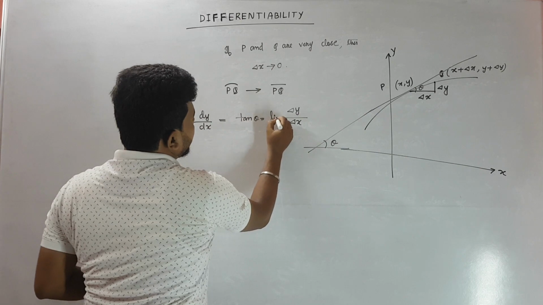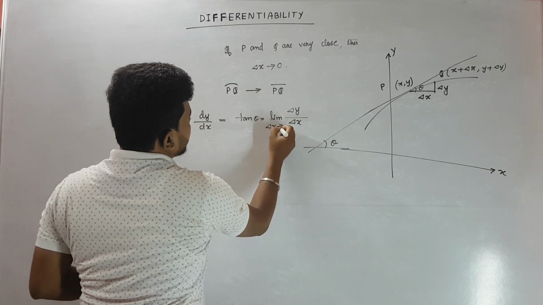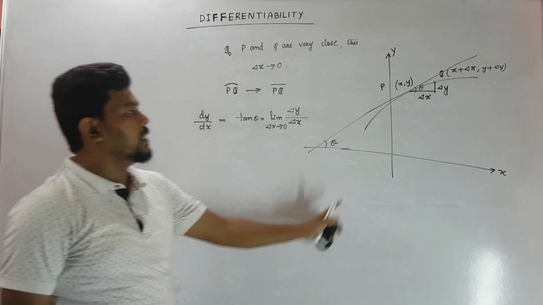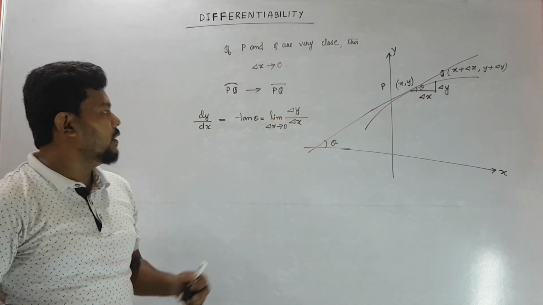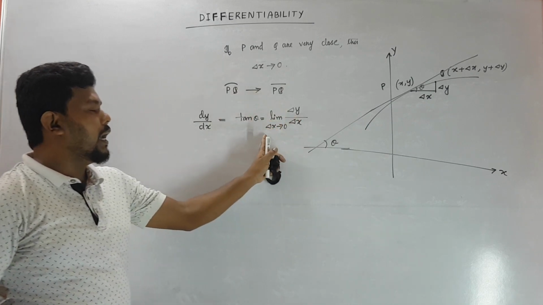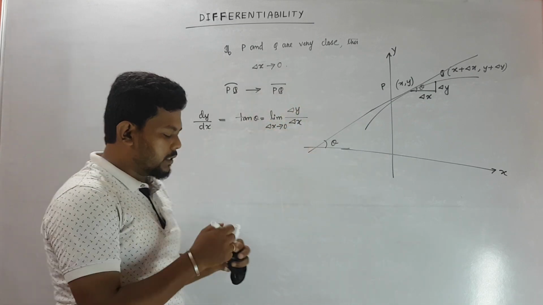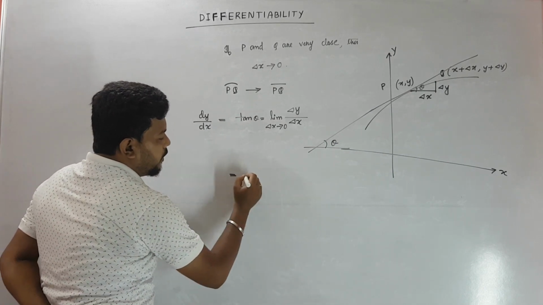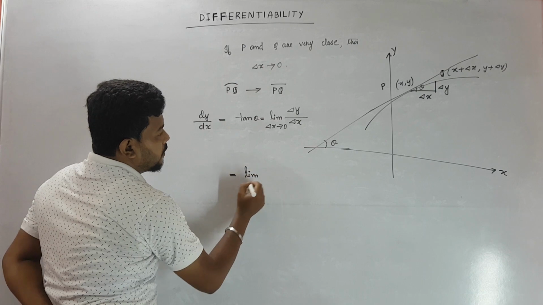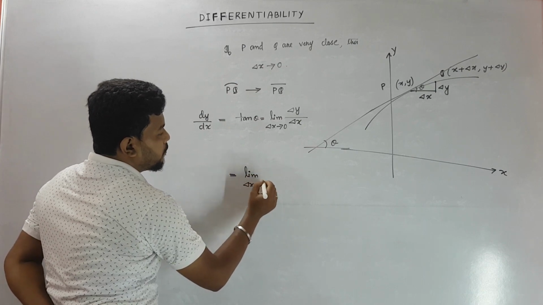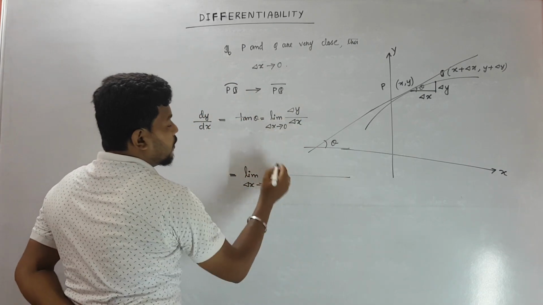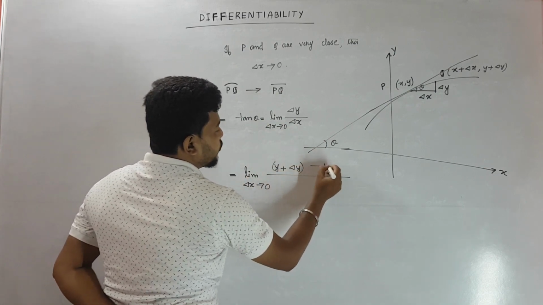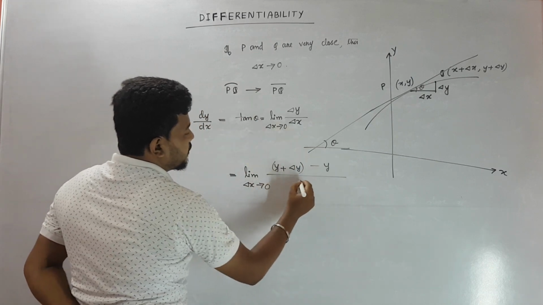limit del x tends to 0. This is your dy by dx of the tangent at (x, y) is equal to limit del x tends to 0 of del y by del x. Now, what is del y by del x? If you manipulate, this is limit del x tends to 0, y plus del y minus y, over del x.